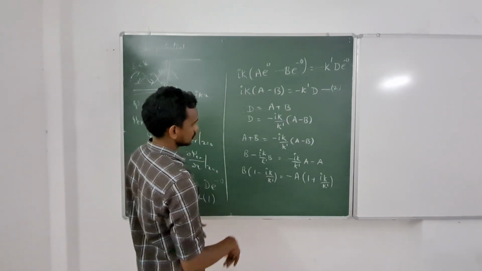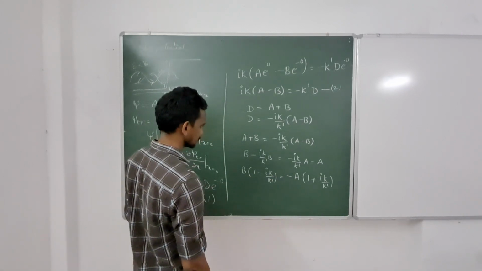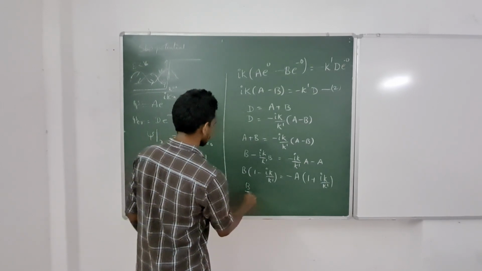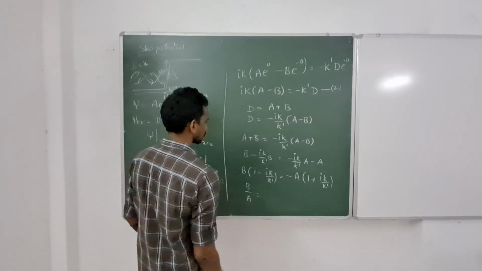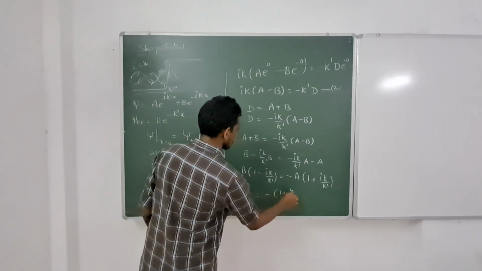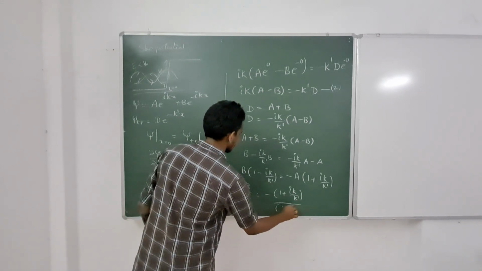If you remove the minus, it's up to you. Otherwise also you can keep it like that. So now what we need is B by A, which is minus (1 plus ik by k') by (1 minus ik by k').